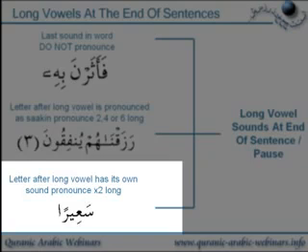So that last sound is not sakin. In that case you just pronounce it as normal, 2 long. So that would be sa'ira, because that ra is 2 long as well. So if you've got a sound after the long vowel which is going to take place when you stop or you pause, then you just read the long vowel as 2 long.